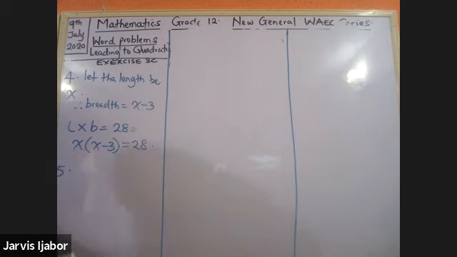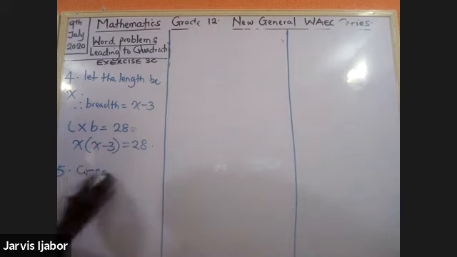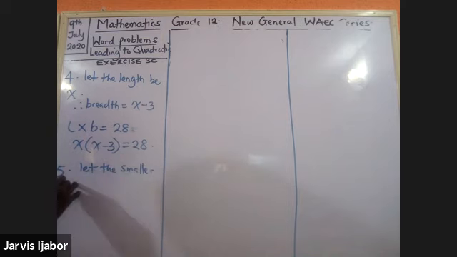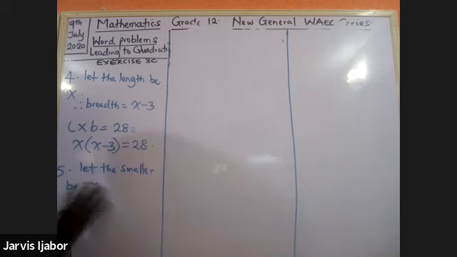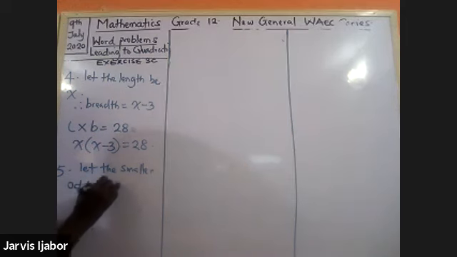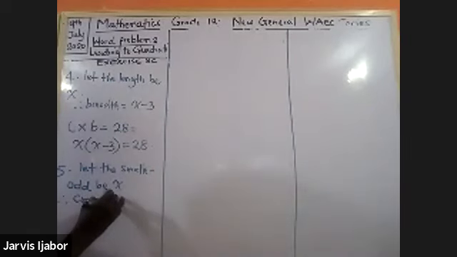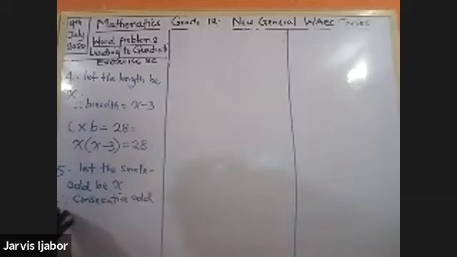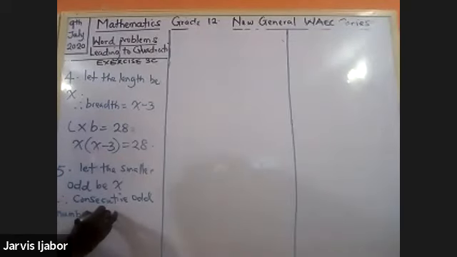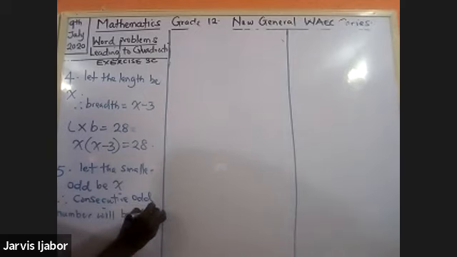Question 5. The product of two consecutive odd numbers is 323. So let the smaller odd number be x. Therefore, the consecutive odd number will be x plus 2.